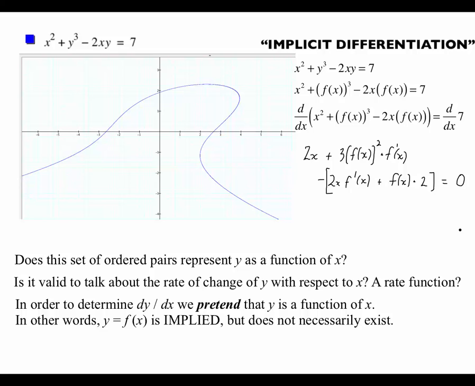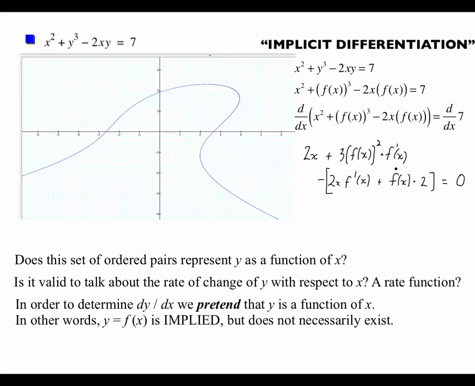Okay, so what are we after? We're after dy dx. We want dy dx equals some expression of x and y. So where in here is dy dx? It's the same as f prime, right? We could have written dy dx here, but we were using f of x.